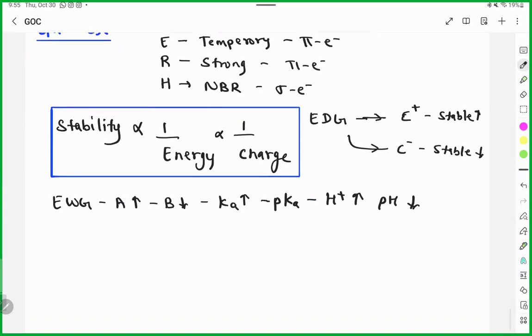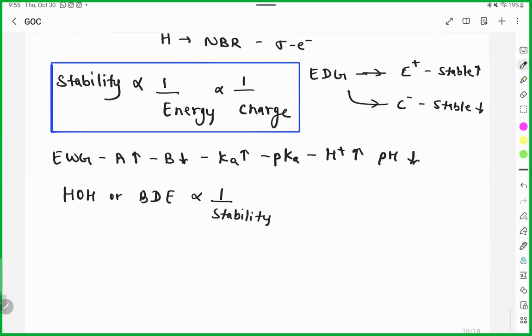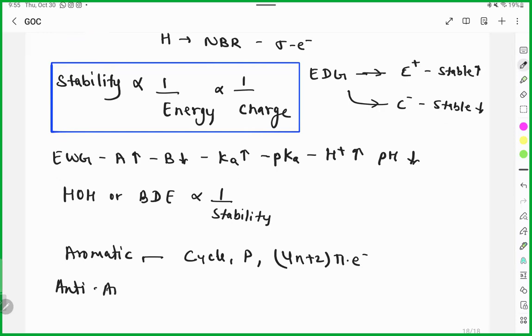Correct. And what else? Heat of hydrogenation or bond dissociation energy are kinds of energy, so they are inversely proportional to the stability. In case of aromatic, you should have a cycle, you should have a planar molecule, but most important is 4n plus 2 pi electrons. In case of anti-aromatic, everything is the same, cyclic, planar, conjugation, but the pi electrons will be 4n.